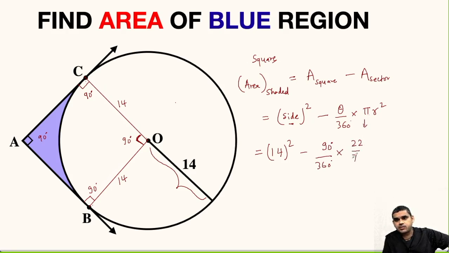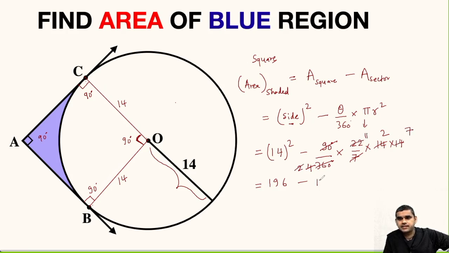write 22 upon 7 times radius is 14, so we can write 14 times 14. Now 14 squared is 196 minus this 4 times, then 7 twice is 14, then 11 times, 7 times.